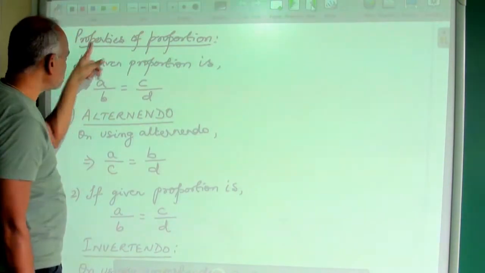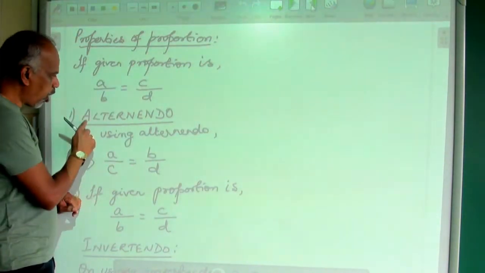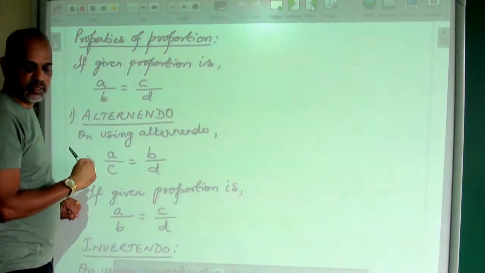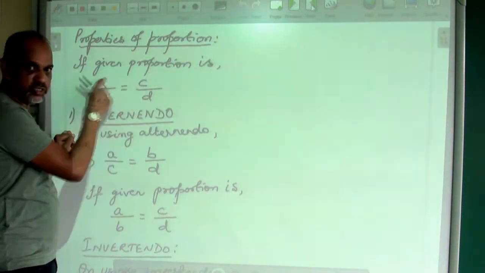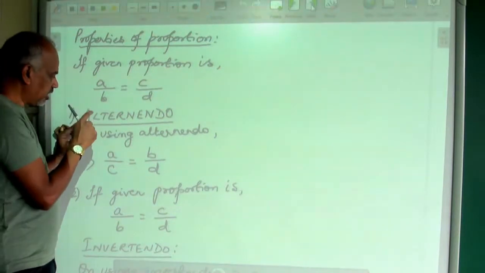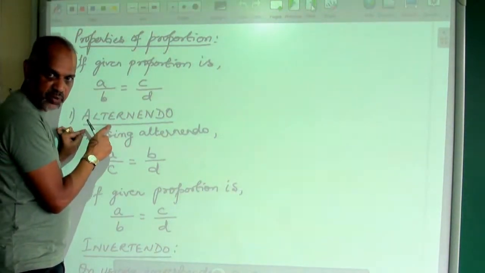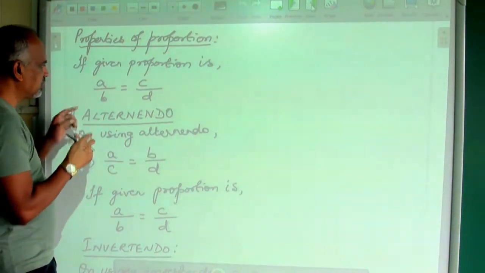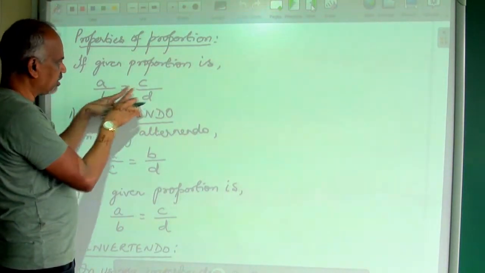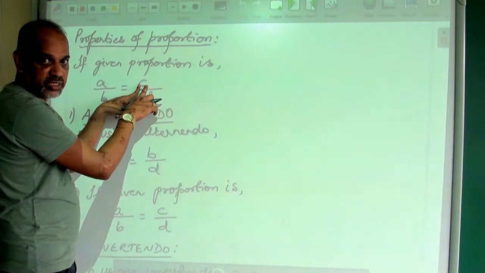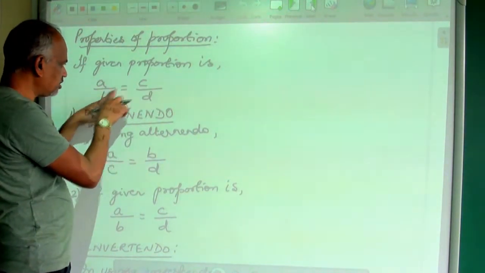Now, according to the first property of proportion, which is called alternando, if this is what is given, then if you use this property of alternando, the change is that the consequent of this first ratio and the antecedent of the second ratio interchange place.